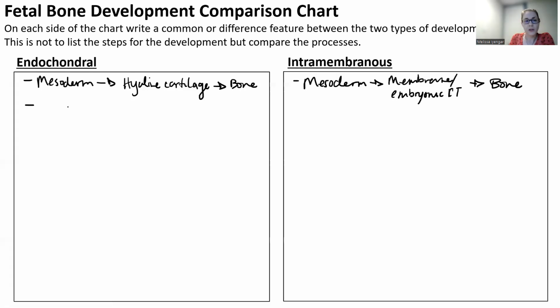The other thing is endochondral is like all bones, except for most of the skull and the clavicle. Actually, the skull and the clavicle are slightly endochondral, but it's easier to just say skull and clavicle are not endochondral for now.